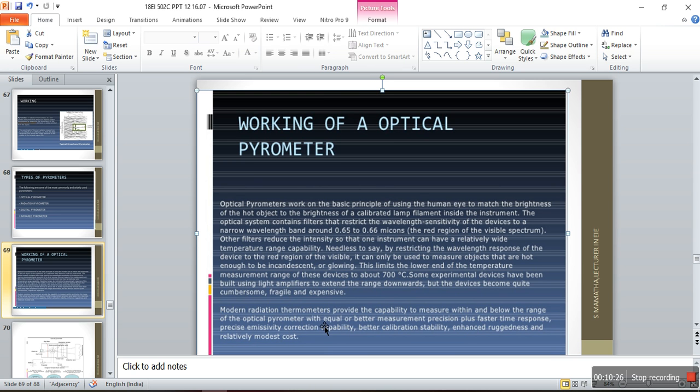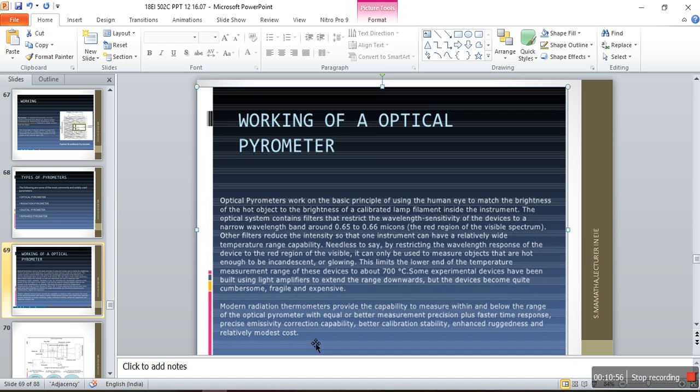Modern radiation thermometers provide the capability to measure within and below the range of the optical pyrometer with equal or better measurement precision, plus faster time response, precise emissivity correction capability, better calibration stability, enhanced ruggedness, and relatively modest cost.